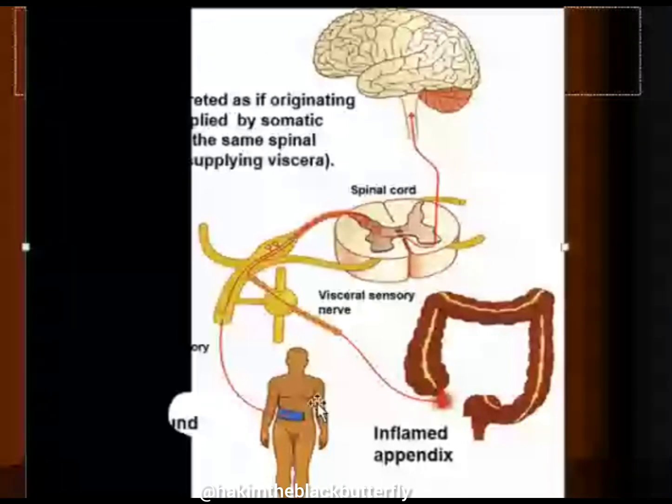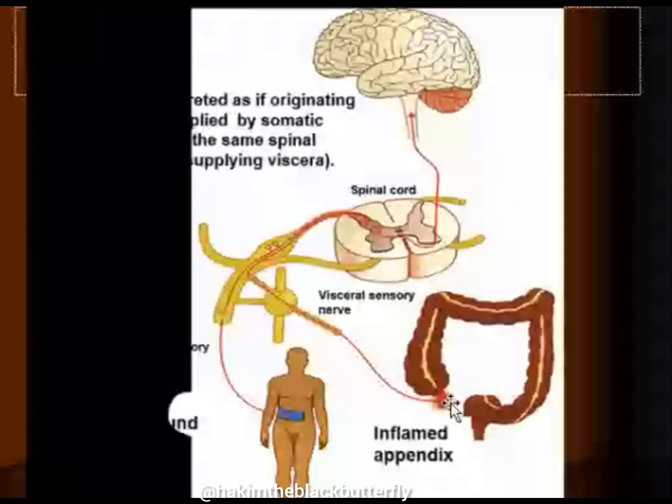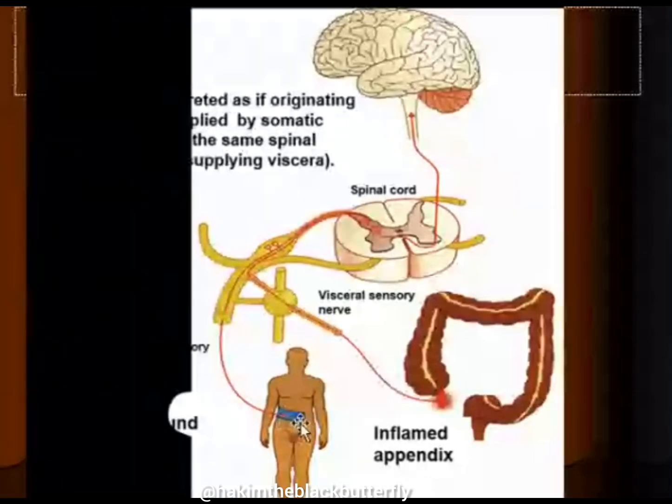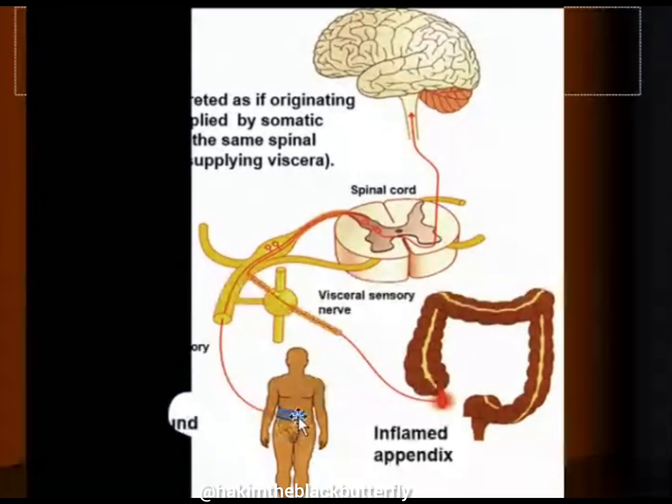Why are we sensing the pain at the skin over the umbilicus, not in the appendix? Because the appendix is not sensitive to pain. So the skin, which shares the spinal cord segment, is the one which is going to sense that pain, because skin is sensitive to pain. And pain around there is going to indicate that maybe there is a problem with the appendix.